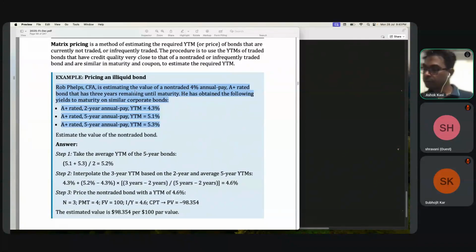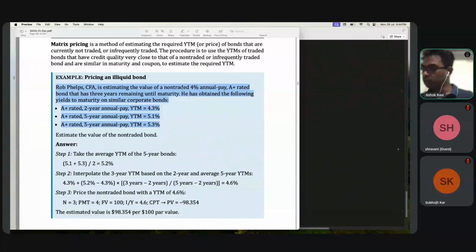See, it says Rob Phelps, CFA, is estimating the value of a non-traded 4% annual pay, A plus rated bond that has 3 years remaining until maturity. He has obtained the following yield to maturity on similar corporate bonds.